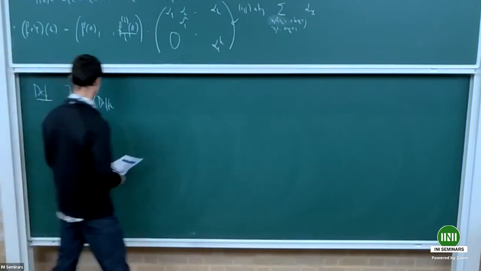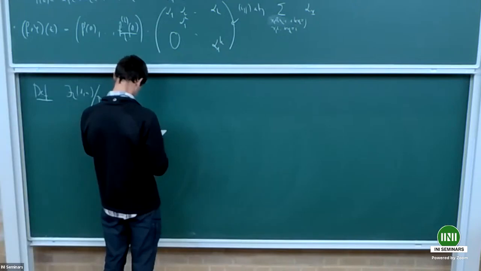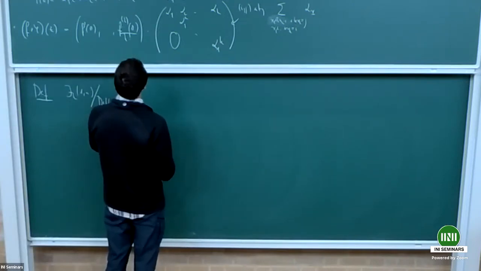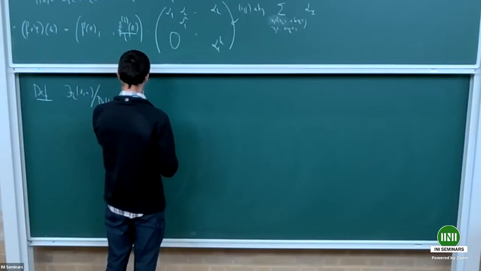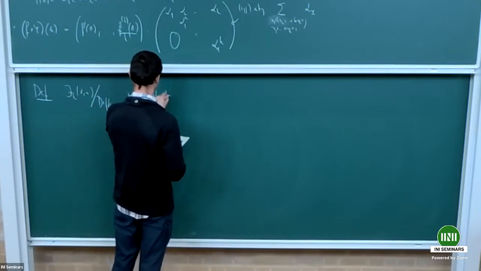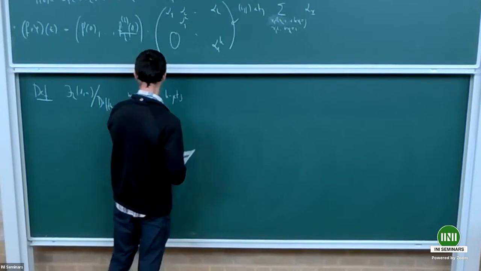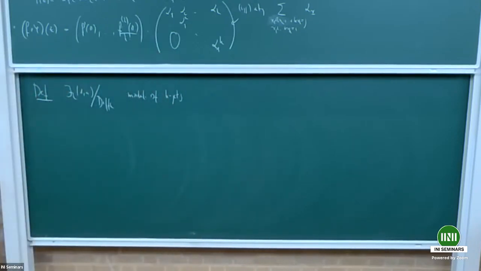So this is the moduli of K jets. In other words, we take K jets of curves or maps from C to C n.